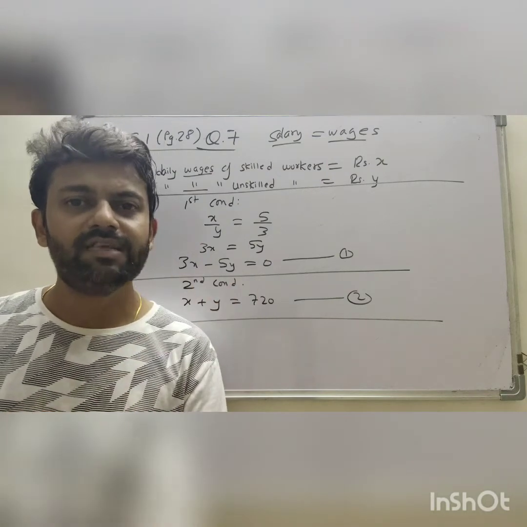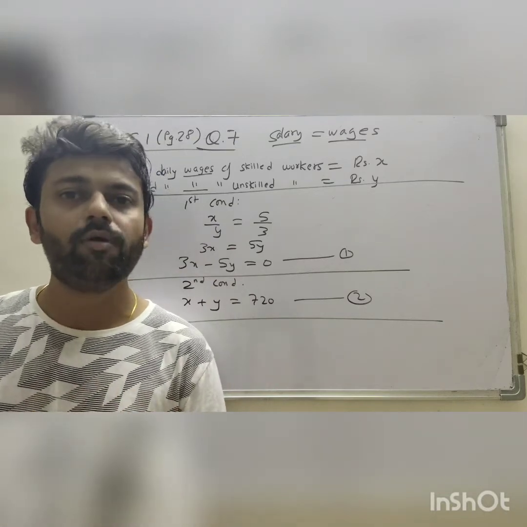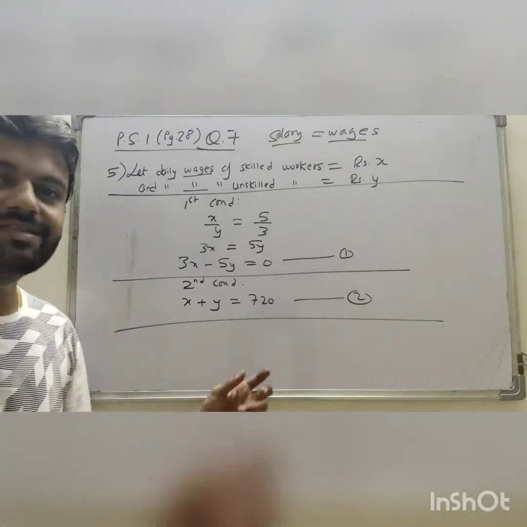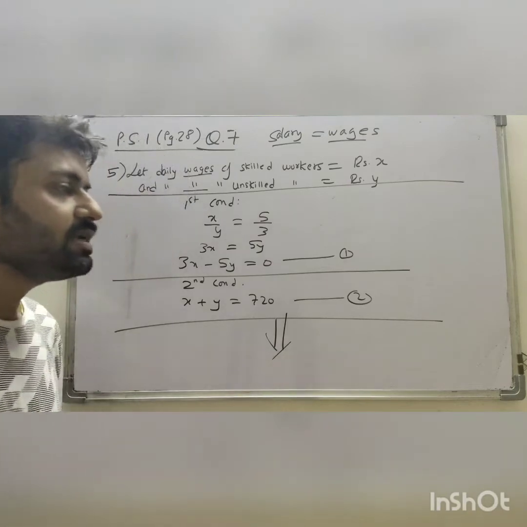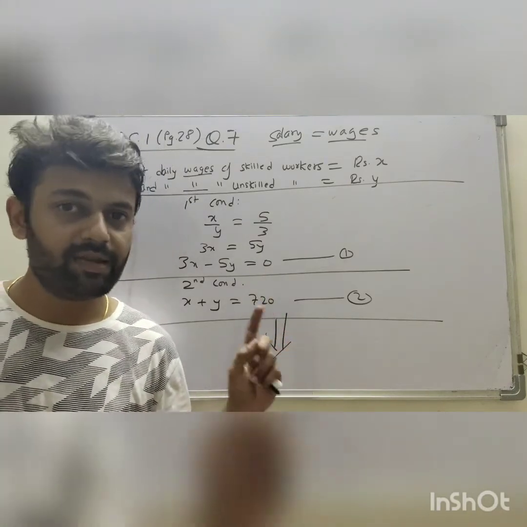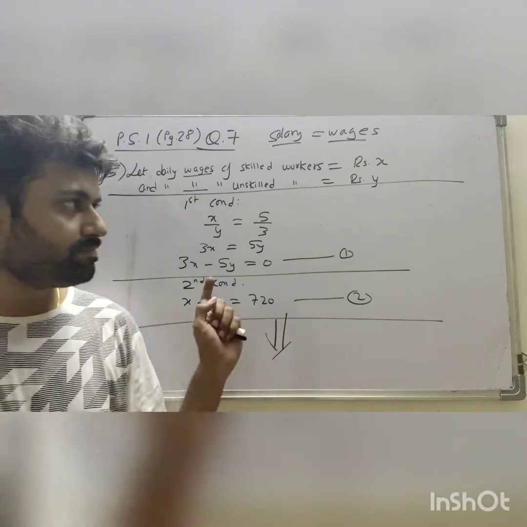The sum of their wages, of course the daily wages we are talking about, is 720. Find their daily wages. The equations are to be solved by the students to find the values of x and y. Remember to write the answer in a statement. Please go through.